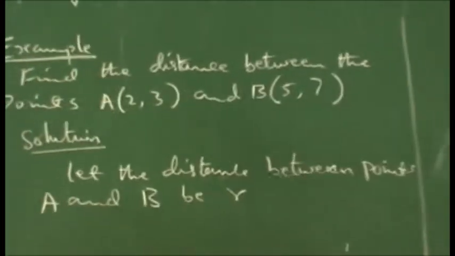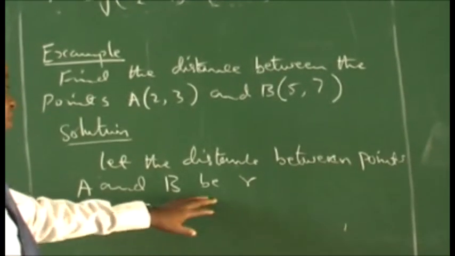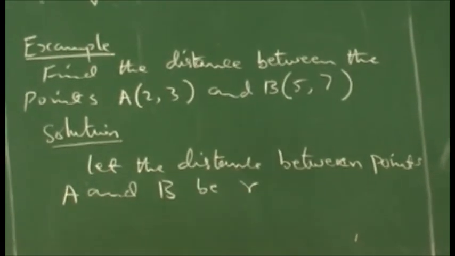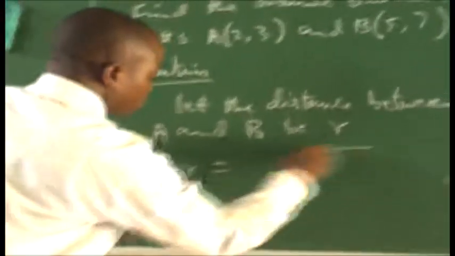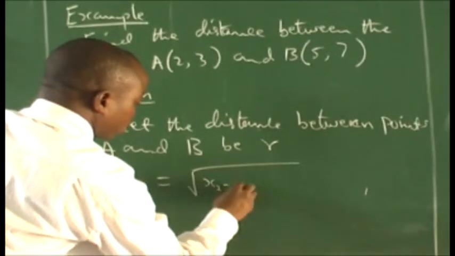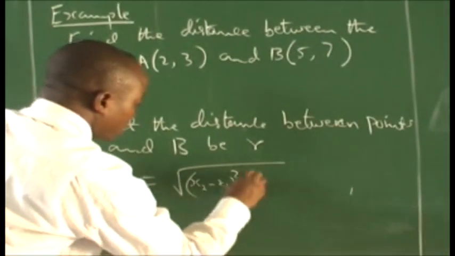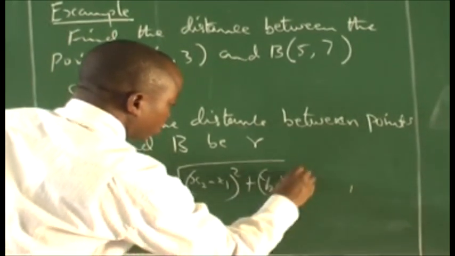You can use any other letter, it doesn't have to be r. But we are taking r now to be the distance, and that r will be equal to the square root of x2 minus x1 squared plus y2 minus y1 squared.